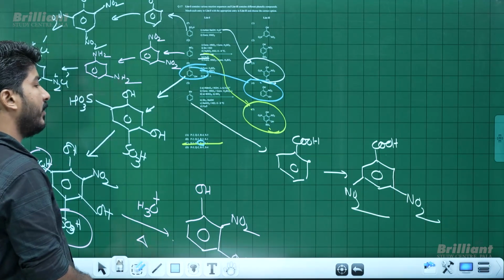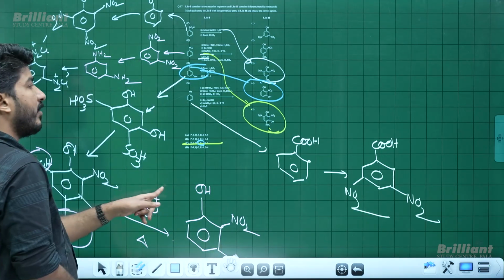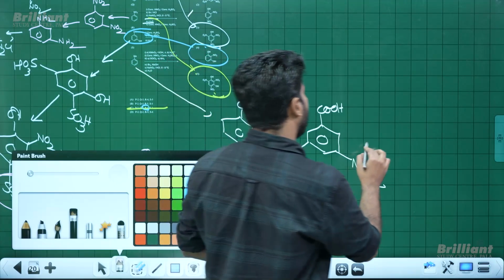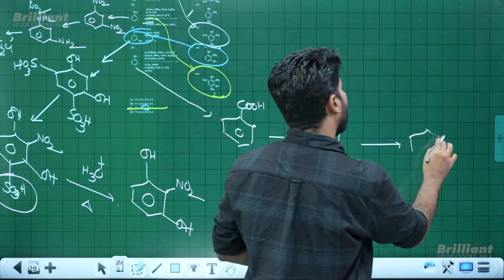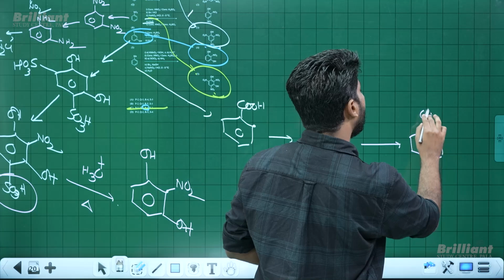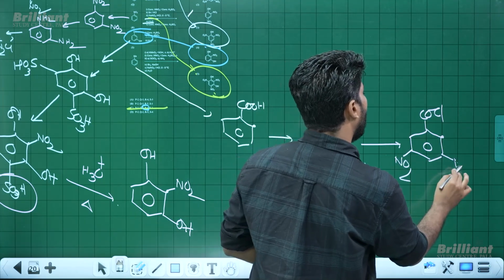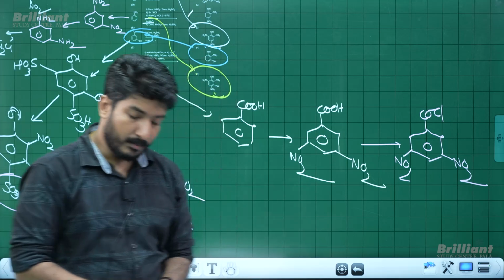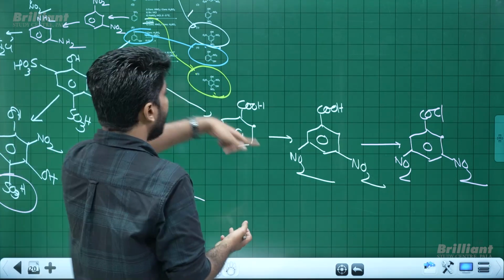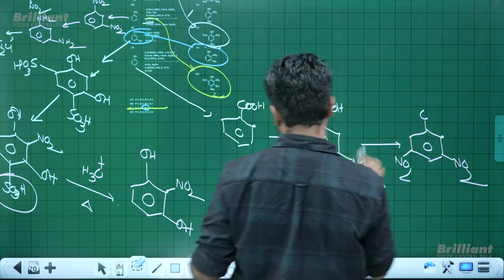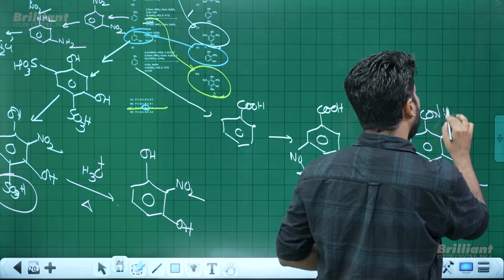That compound is formed by exhaustive nitration, and after that the thionyl chloride and ammonia reaction is done. Carboxylic acid changes to acid chloride first. After that, on treating with ammonia, a nucleophilic addition-elimination reaction occurs, so that will give us the CONH2 amide.